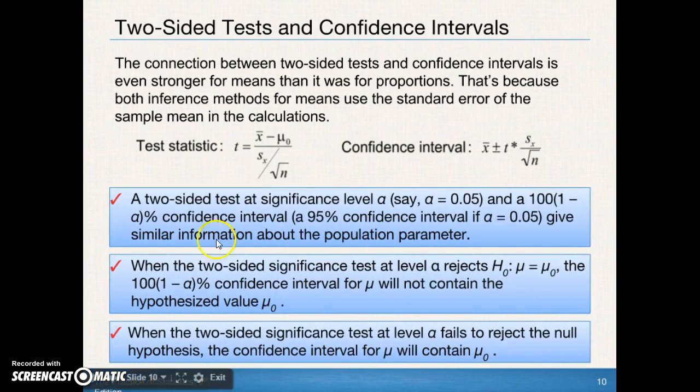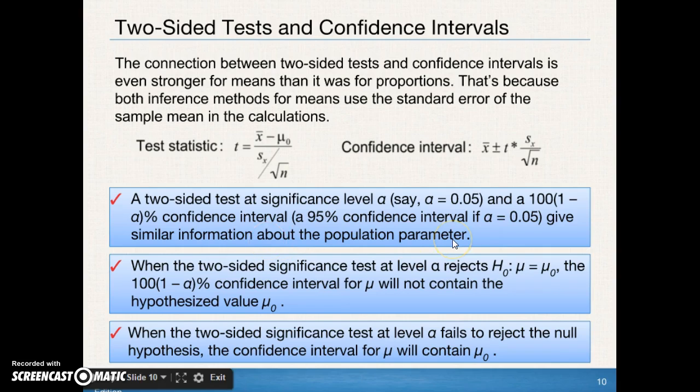So again, a two-sided test at a significance level of, we'll say, 5%, and that means that the confidence interval is 95%, 1 minus alpha, gives similar information.